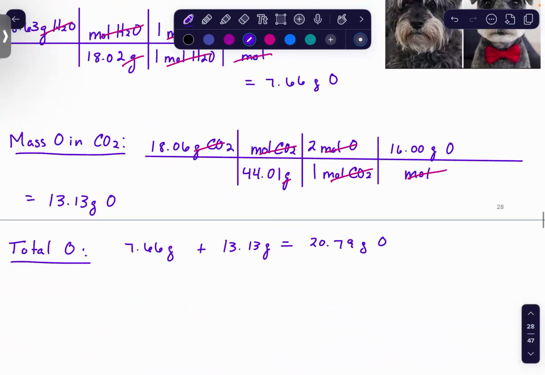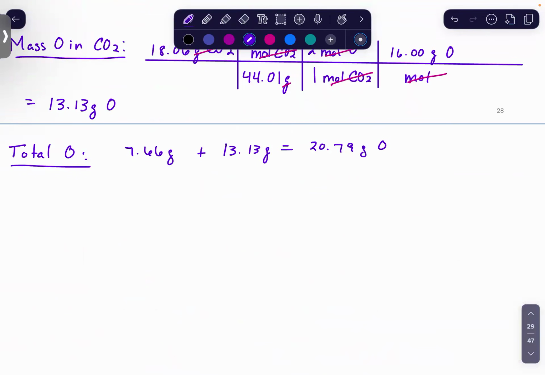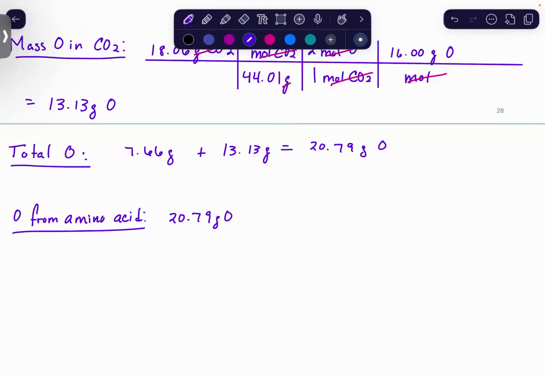So for the oxygen from my amino acid, I'm going to take my 20.79 grams of total oxygen in my products, and I'm going to subtract off the 18.6 grams that I used in the combustion.